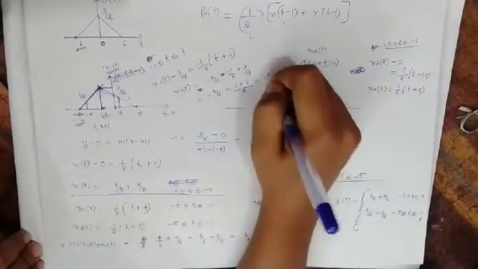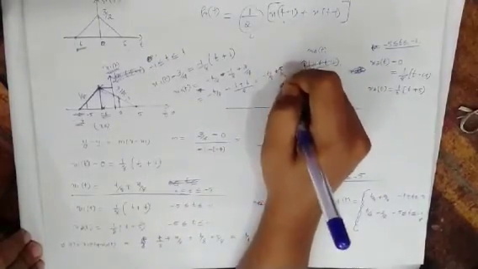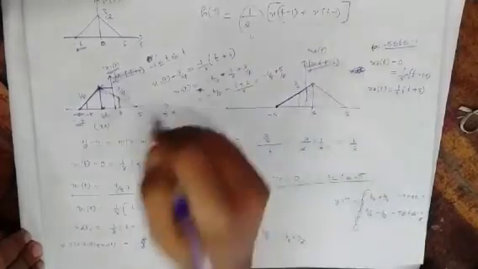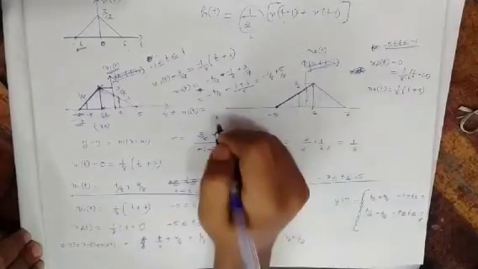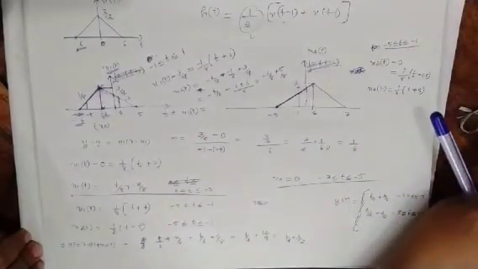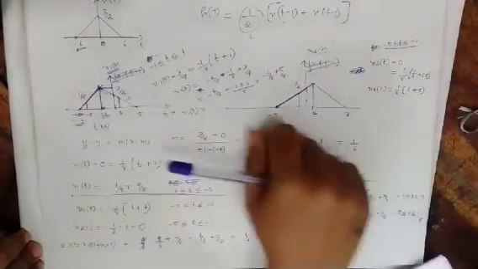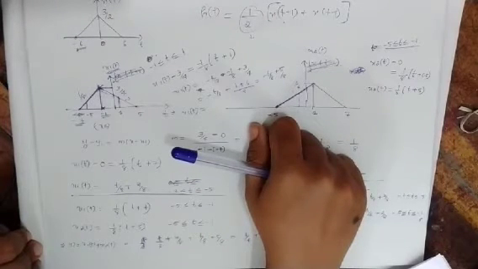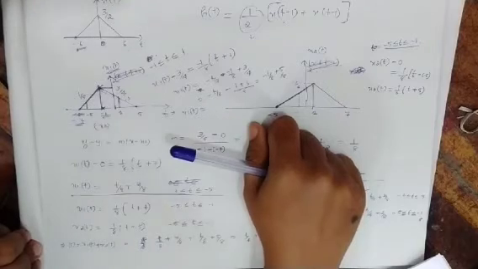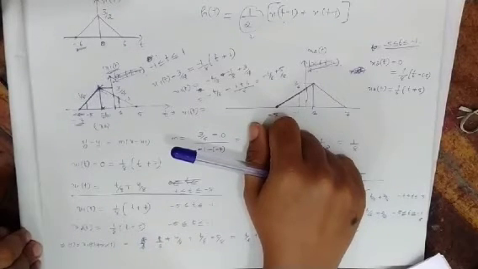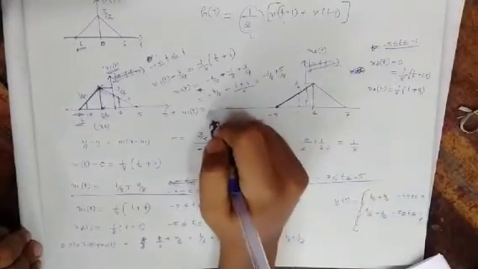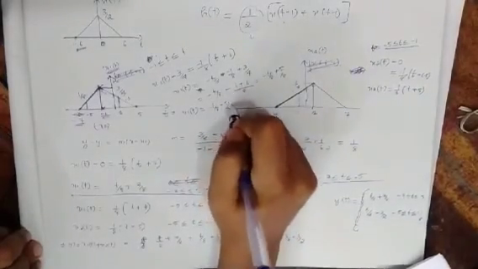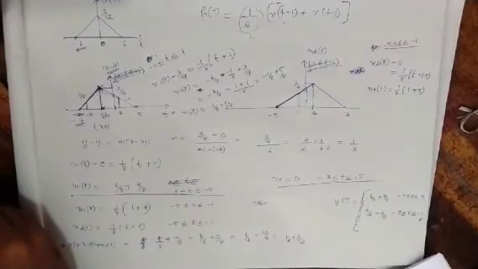So the answer will be minus t by 8 plus 5 by 8. Okay. So x1 of t is equal to minus t by 8 plus 5 by 8.